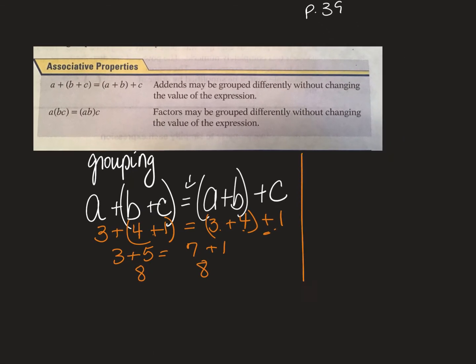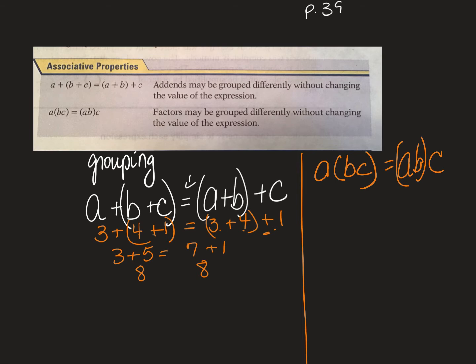Multiplication is the same. And this, again, only works for multiplication and addition. So, again, if you have A times B times C, remember, when you put parentheses like that, you are multiplying if they're right against each other, and there's no addition or subtraction in between. Okay?